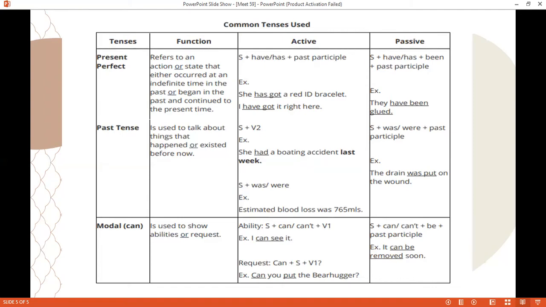plus past participle. For example, past tense active: she had a boating accident last week. And for example, past tense passive: the drain was put on the wound.